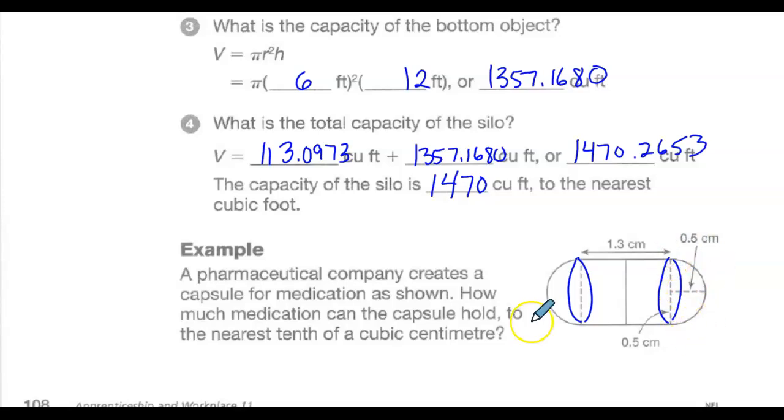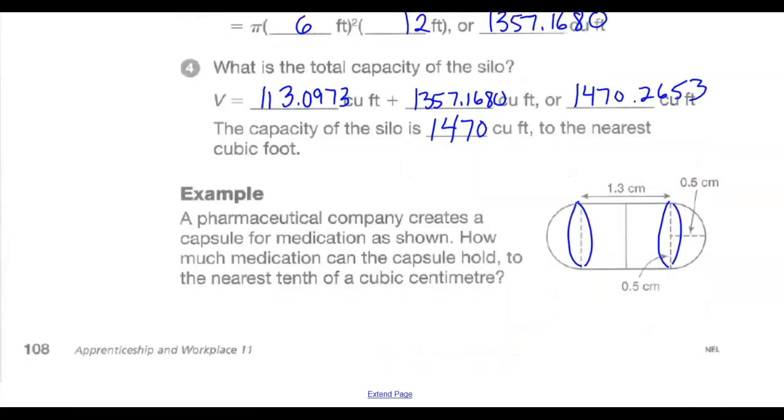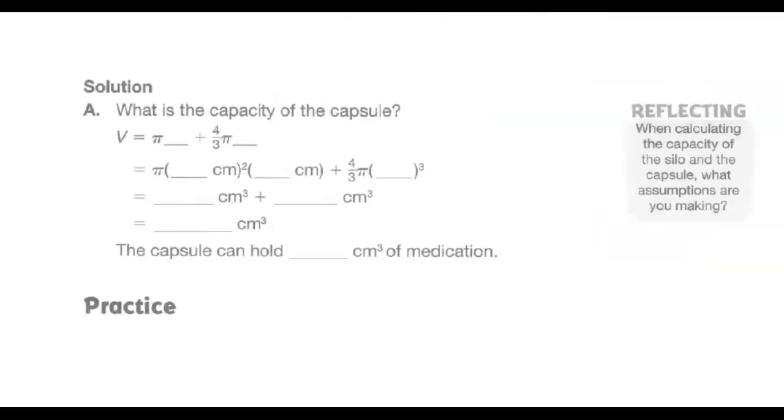So it's basically half a sphere on the ends, and a cylinder in the middle. How much medication can the capsule hold to the nearest tenth of a cubic centimeter? Again, really, we should convert this to milliliters, but they're not asking us to. So on the next page, we'll have to go back and look at the measurements.